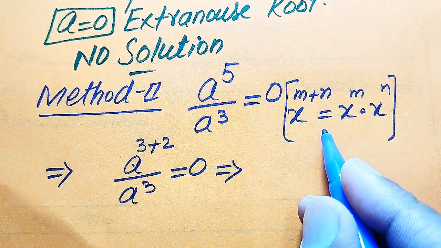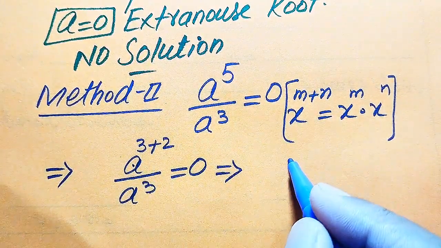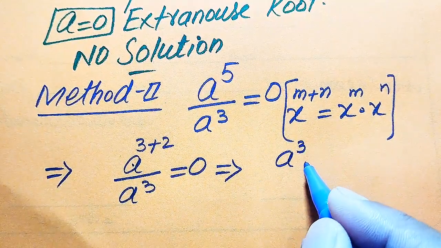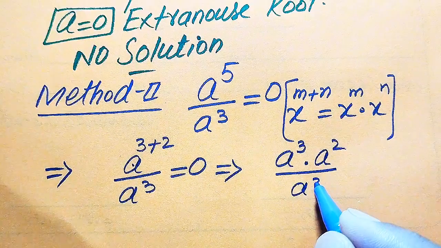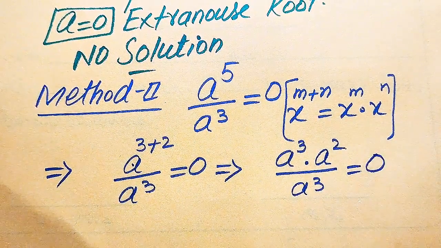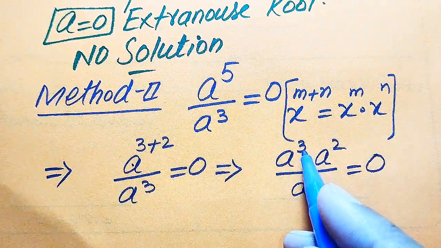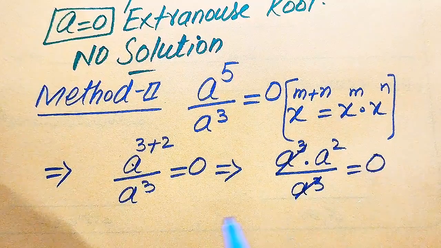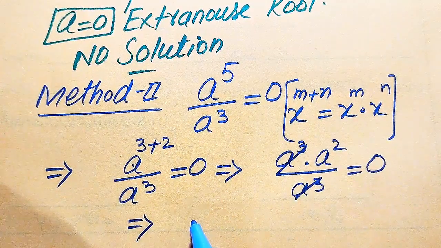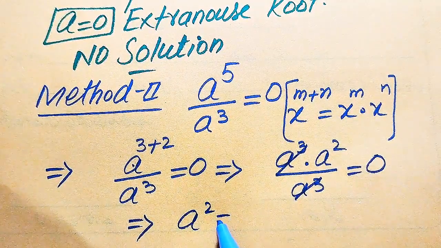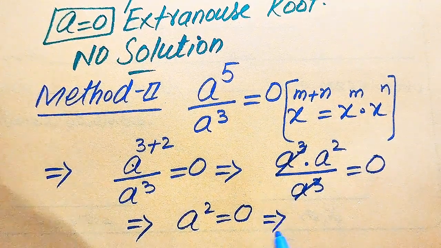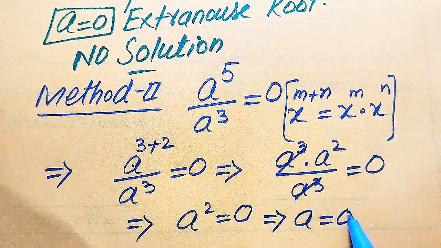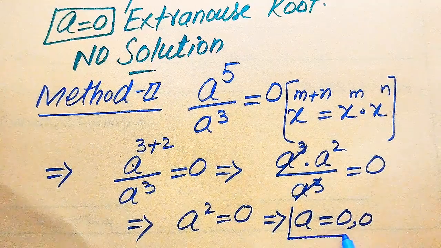And after applying this rule of exponents, we break the exponents and it becomes a cubed into a squared divided by a cubed, and this whole equation is equal to 0. So this a cubed is cancelled out by this a cubed, and we get here a squared equals 0. And if a squared equals 0, this implies that a is equal to 0 and 0.